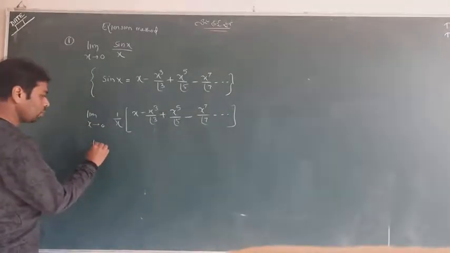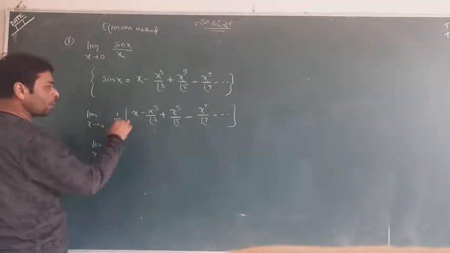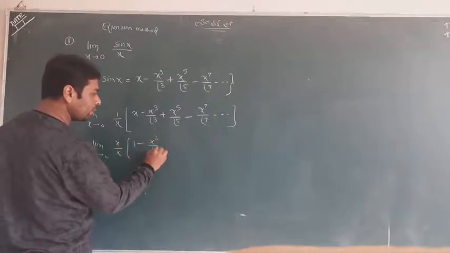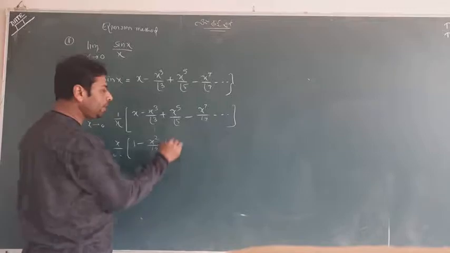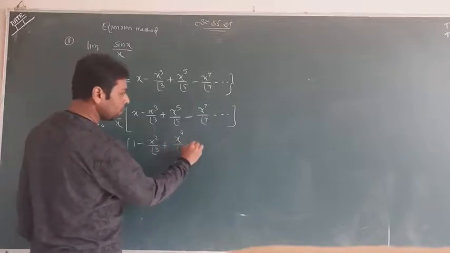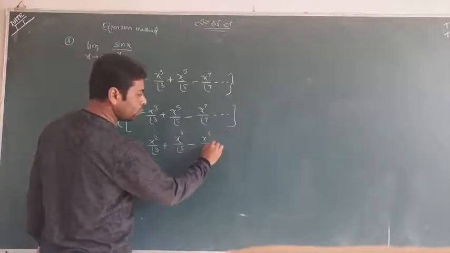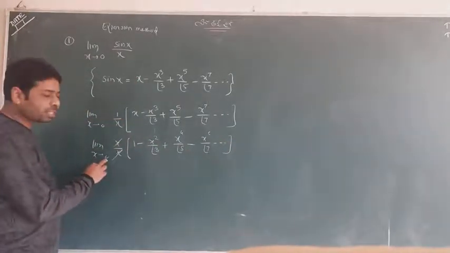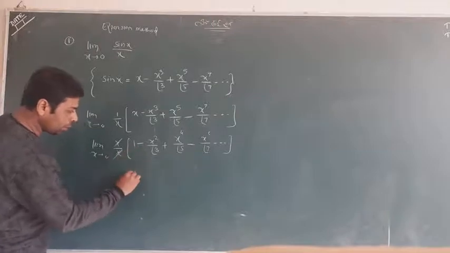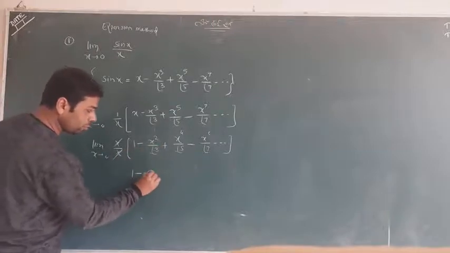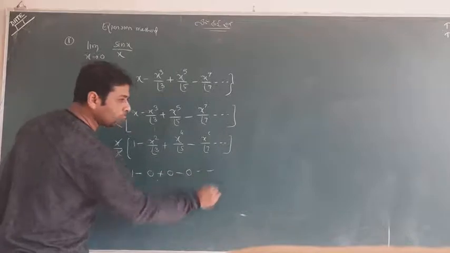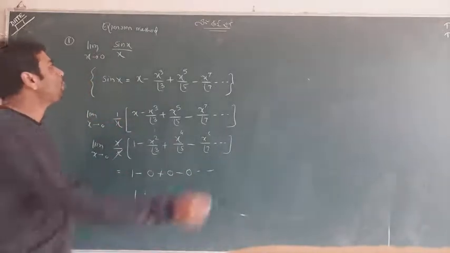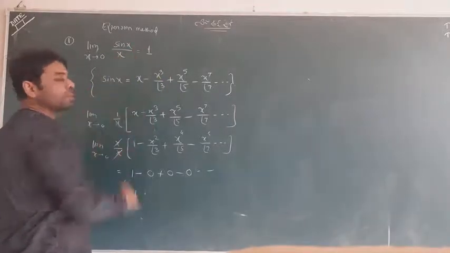Now take x common, so it is 1, then x square remains because you took x common, then 4, 6 and so on. These two will cancel, and use the limit. When x tends to 0 and you put it in, this is 1, this is going to be 0, this is going to be 0, and all the other terms will be 0. So only 1 remains there. So the answer is 1.